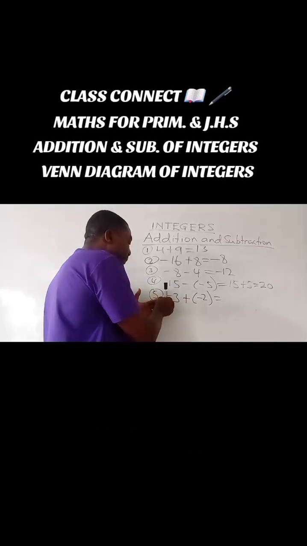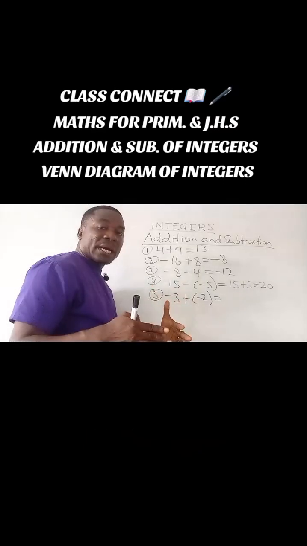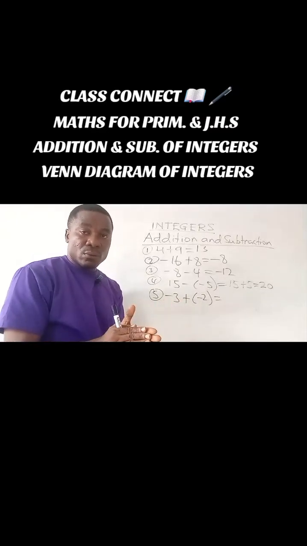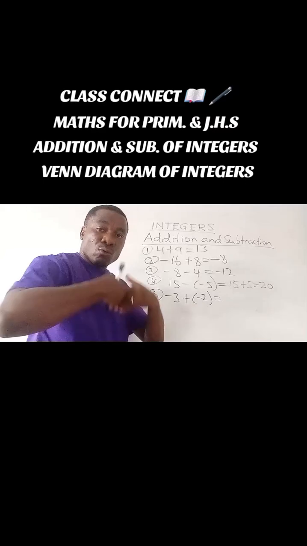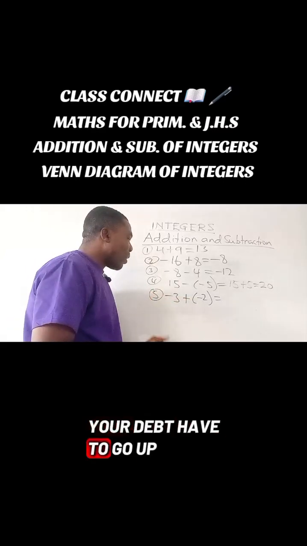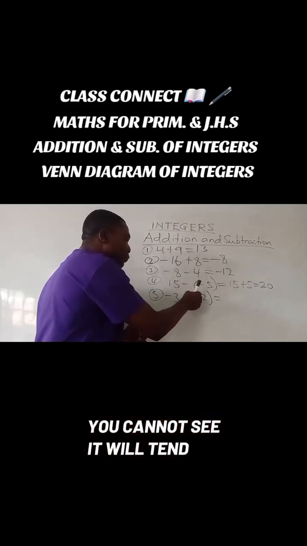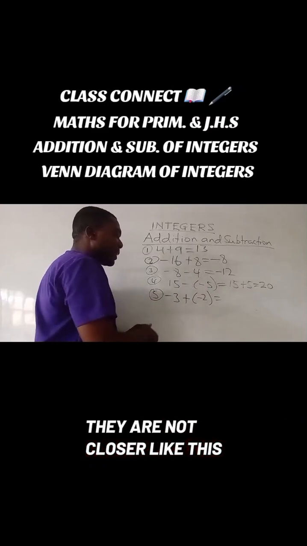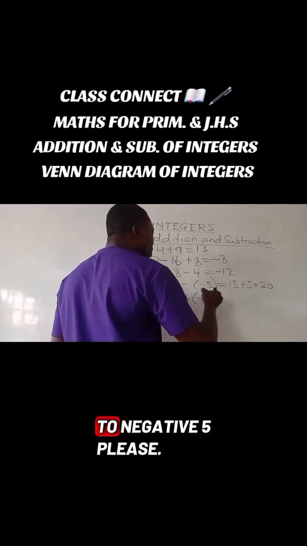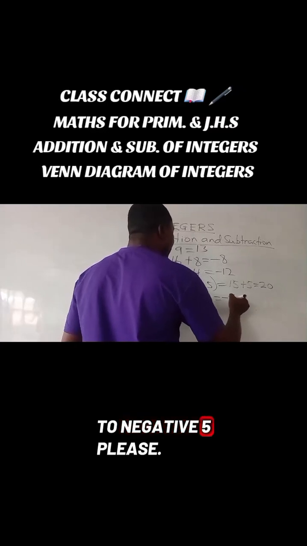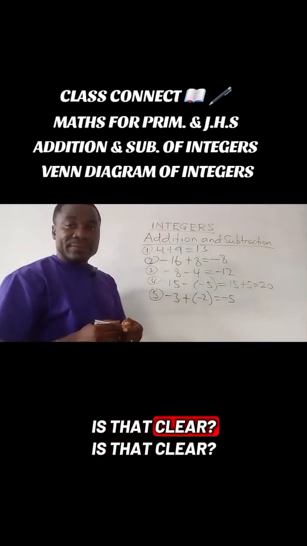So your debt has to go up. But these are not closer, so you cannot say it will tend to positive. They are not closer like this. Okay, so your debt will go up to negative 5. Please, is that clear?